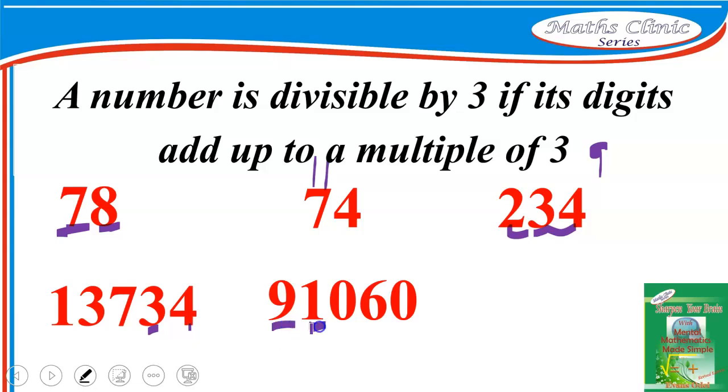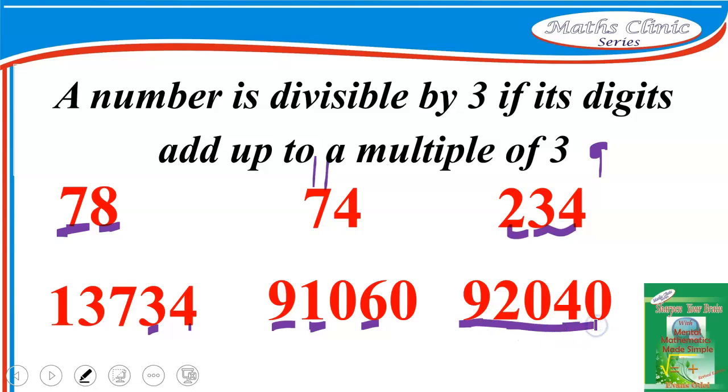Okay, 1 plus 9 is 10, plus 6 is 16, and 16 is not a multiple of 3, so we can't divide that by 3. There'll be a remainder. Finally, if I have 92,040, 9 plus 2 will give me 11. 11 plus 4 is 15, and so we can be sure that this huge number is divisible by 3.